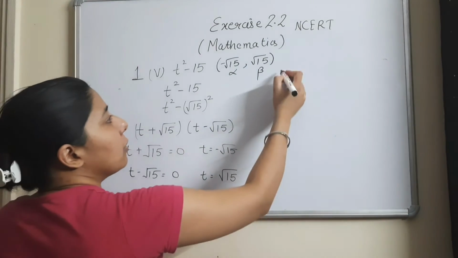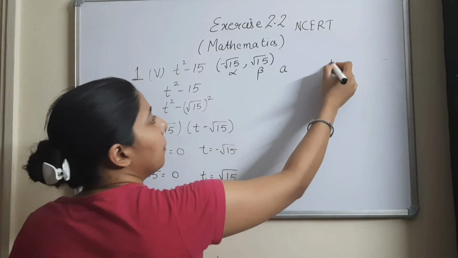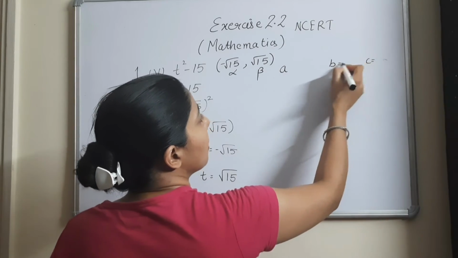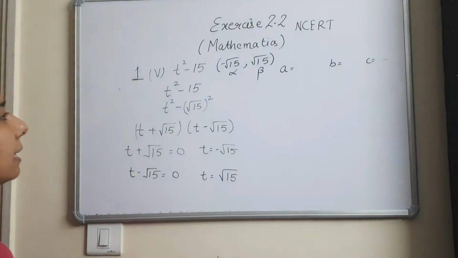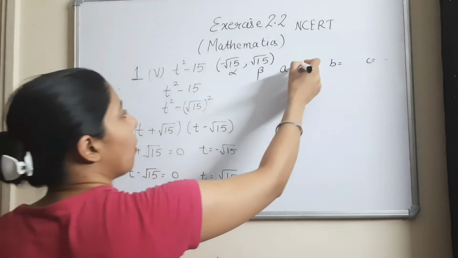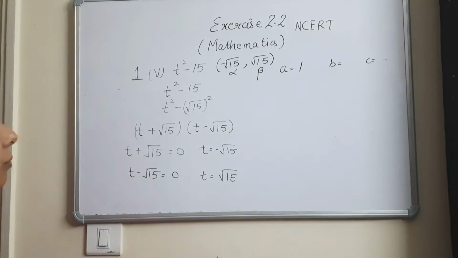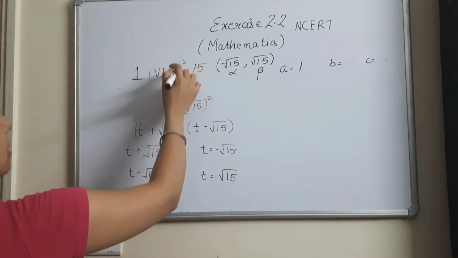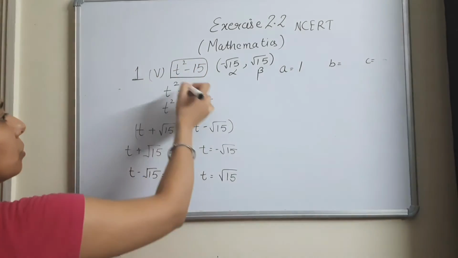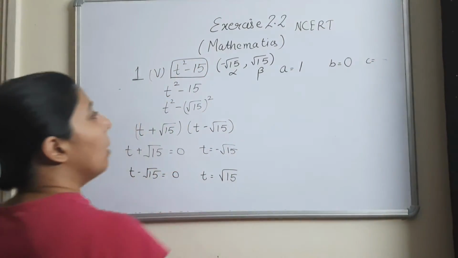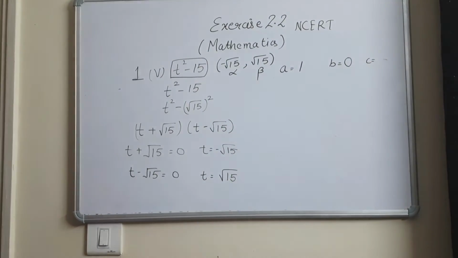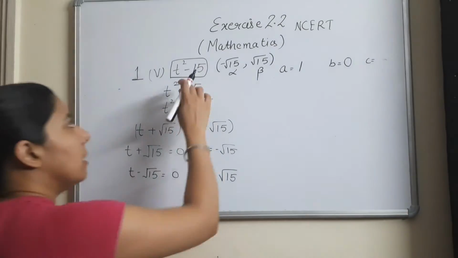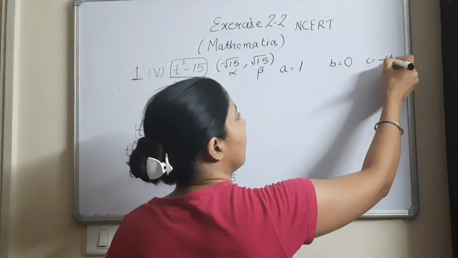Now for the verification part, we will write a, b and c. a is the coefficient of t square which is 1, b is the coefficient of t which is not present in this polynomial, so b is 0, and c is the constant term which is minus 15 here.